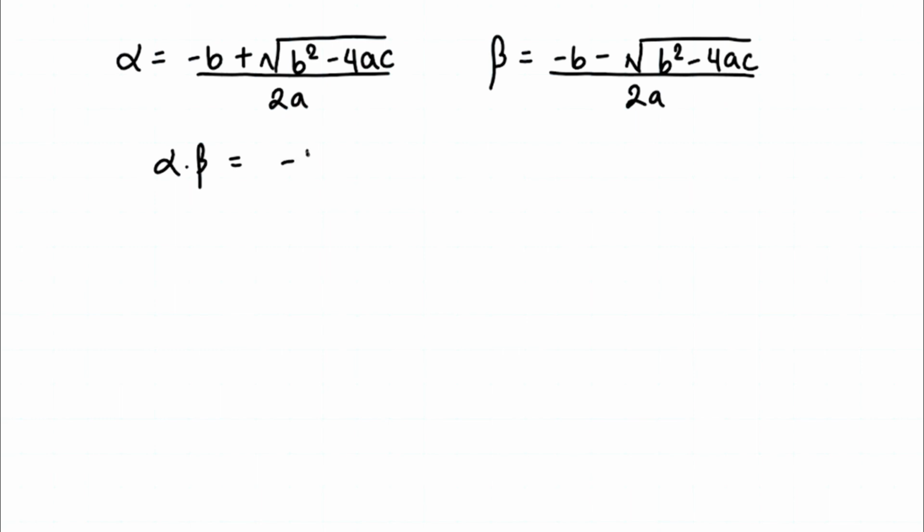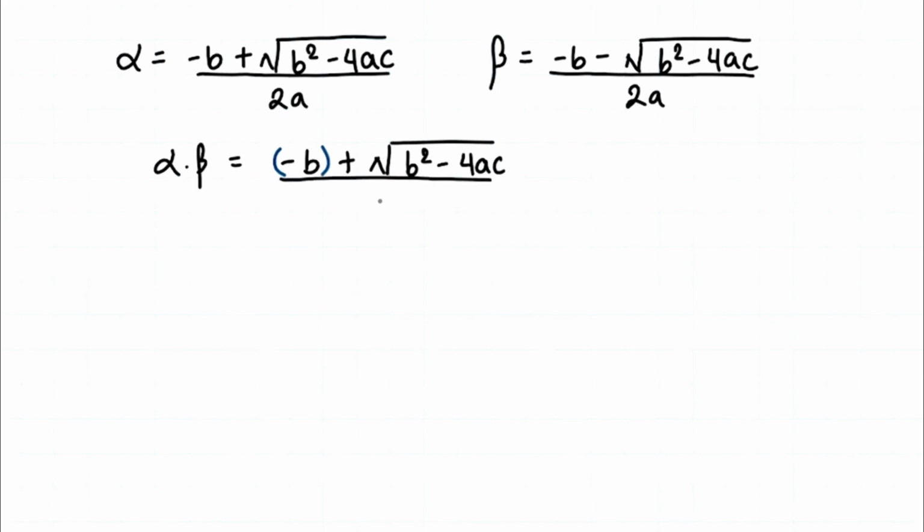So we have minus b plus square root b square minus 4ac. I'm going to do something extra here. I'm going to put a bracket around this minus b, so that we can make the calculation a little bit easy. We'll find out soon.